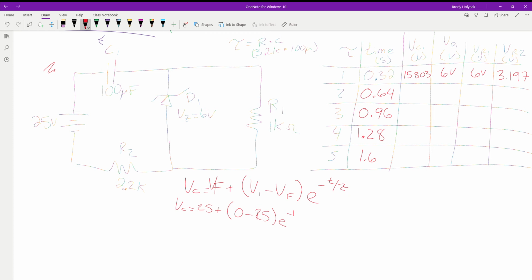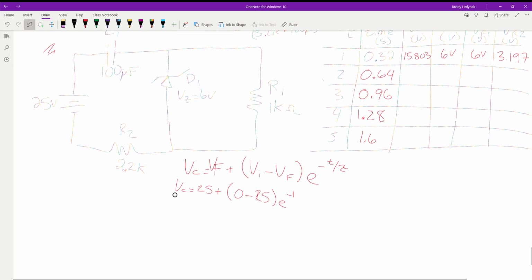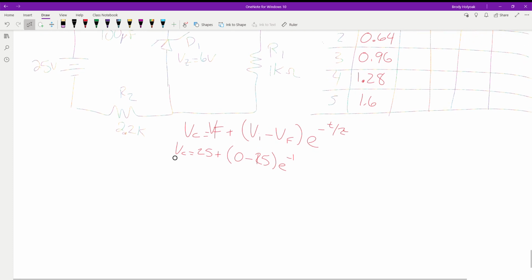Now we want to look at time equals 2. So again, we want to solve for the voltage of this capacitor. So again, this guy's still charging up to 25 volts.